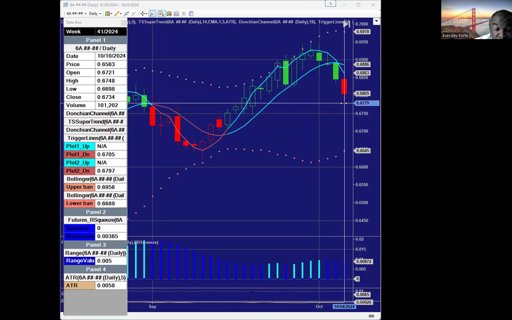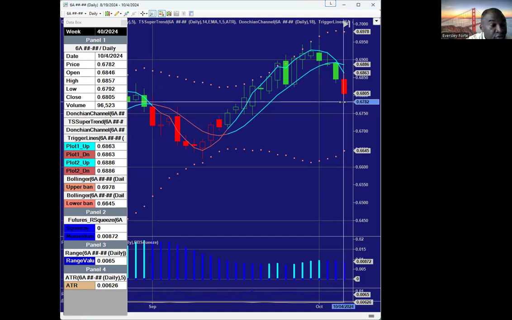Let's say you're going to risk $500 and trade your 4 contracts. You're going to place a sell stop order for 4 contracts at your entry price of 0.6782.